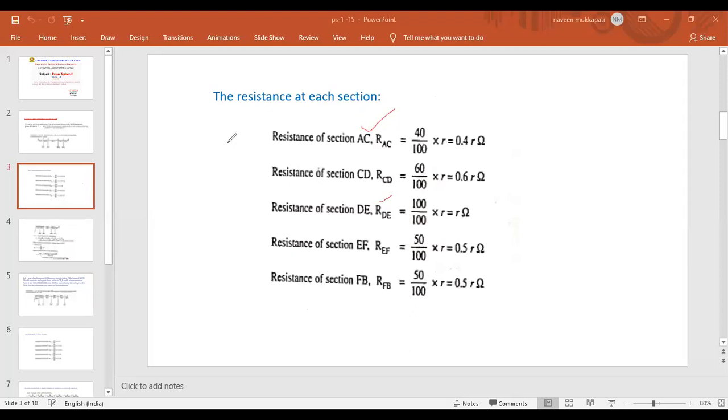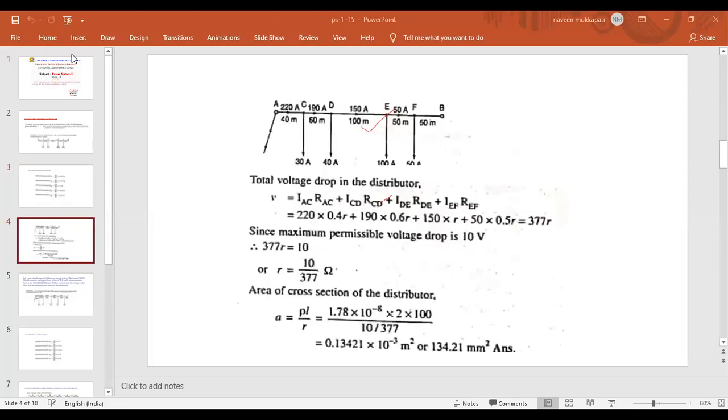Next, we calculate the voltage drops. This is the given diagram, and AB is the distributor feeder.